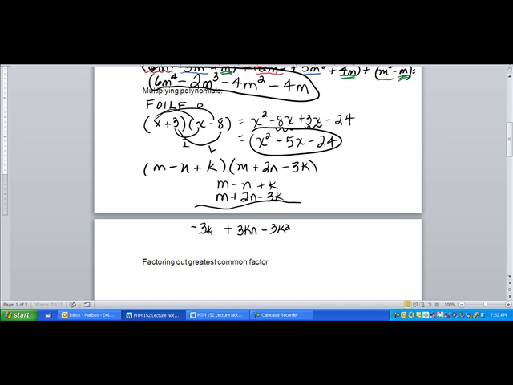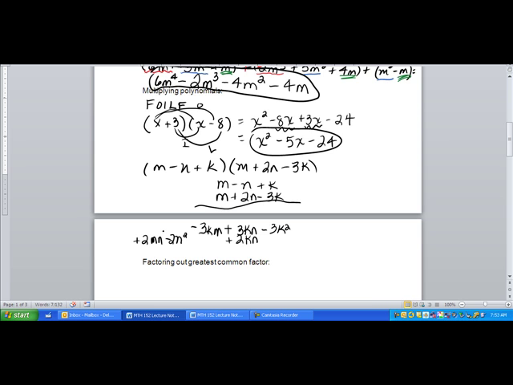All right, positive 2n times k would be positive 2kn. 2n times negative n would be negative 2n squared, and that doesn't match anything, so I'm going to create a new column. And 2n times m is going to be a positive 2mn.